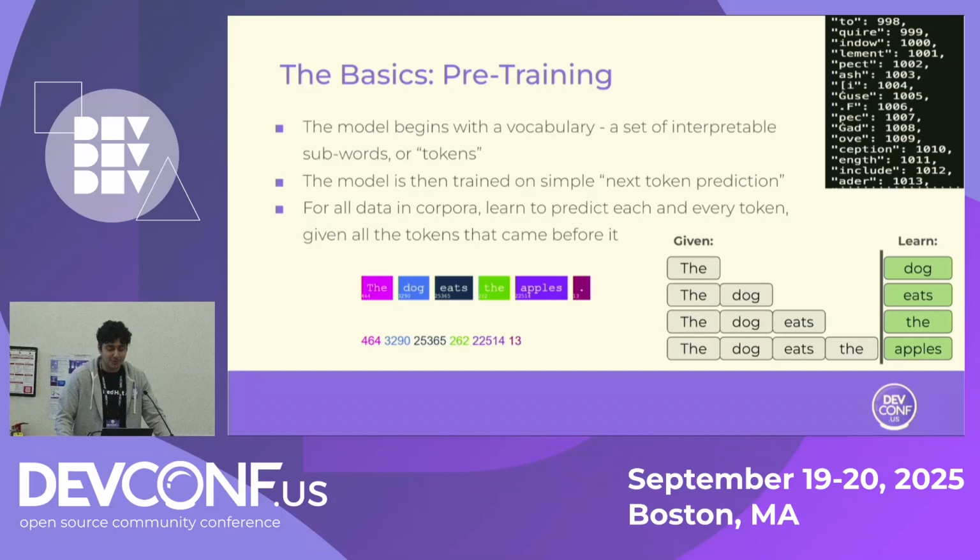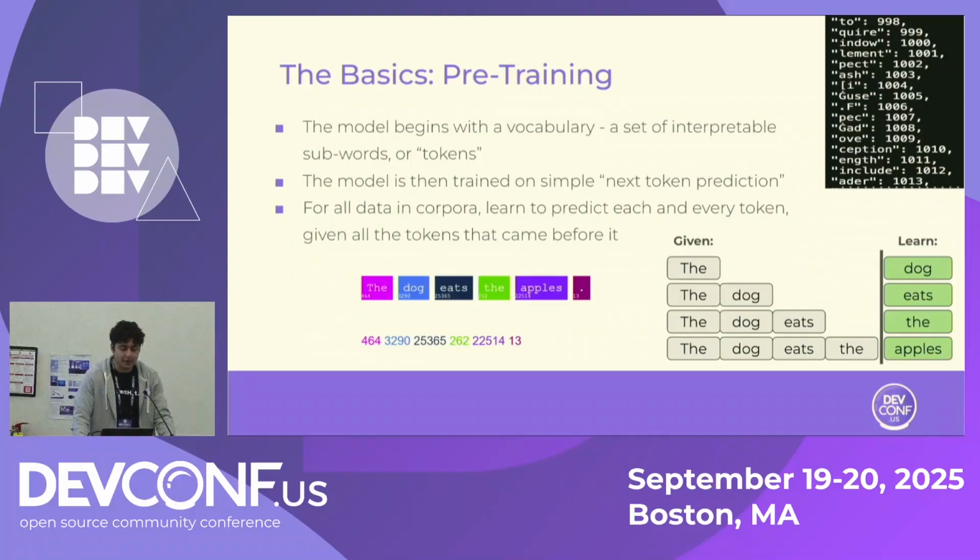We've got a token per word. In reality, it's going to look like the top right, where you have much less readable subwords. But what we're going to be doing during pre-training is take that sentence and say, given "the," learn to predict the word "dog." Then, given "the dog," learn to predict the word "eats." Given "the dog eats," learn to predict again "the," and so on and so forth. So we're just going to follow that process throughout all the data that we have.